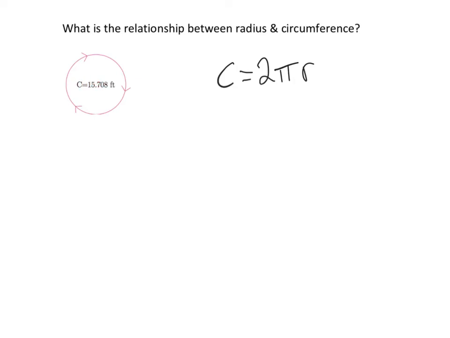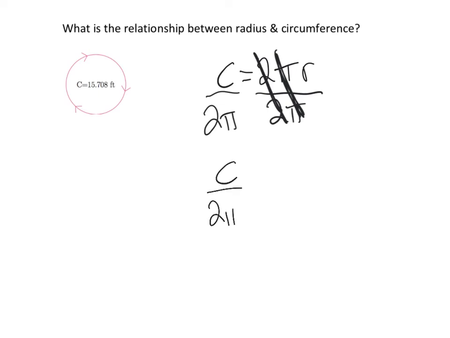Doing the same things we did with diameter, we want radius all by itself. We're trying to find radius when given circumference. So we have to do what we do with equations. We have to divide by 2 pi, divide by 2 pi. So the 2 pi over here cancels out, and we are left with circumference over 2 pi equals our radius.